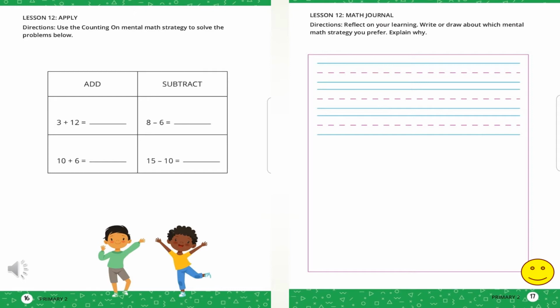Addends. Great. In addition, we start with the bigger number, which is 12. So we will put 12 in our mind and 3 on our fingers. After 12: 13, 14, 15.